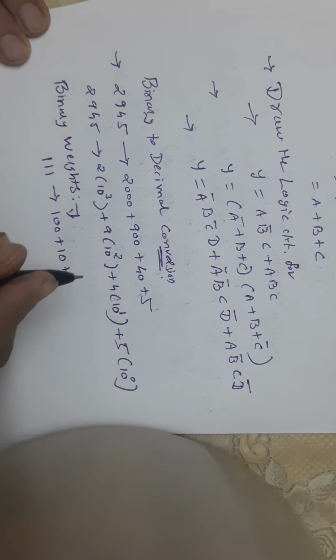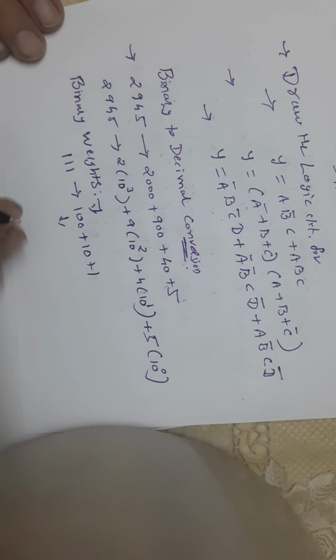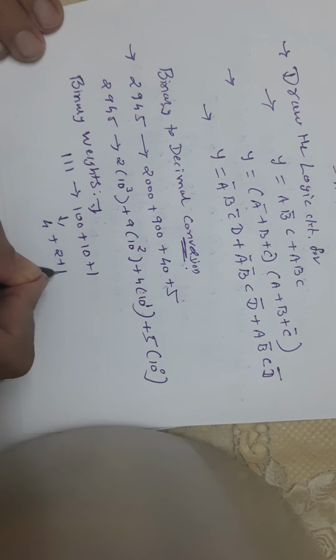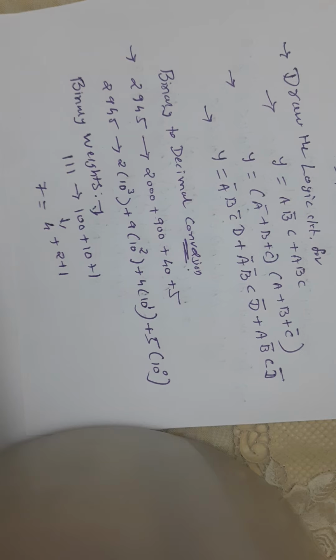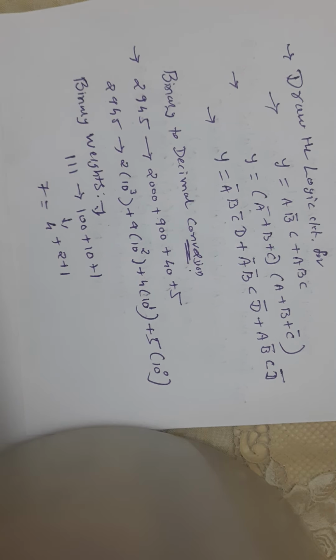In decimal number, this may be written as 4 plus 2 plus 1, and it is equal to 7. In this way, we can convert binary to decimal.